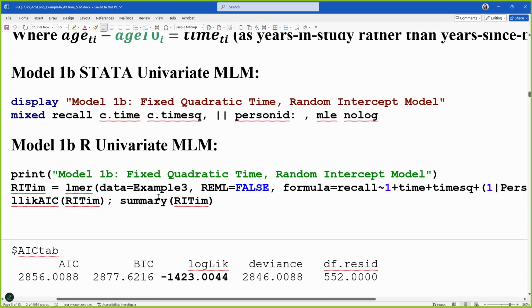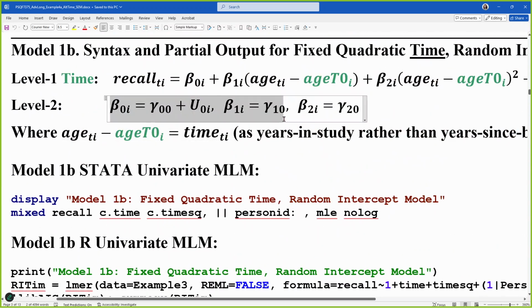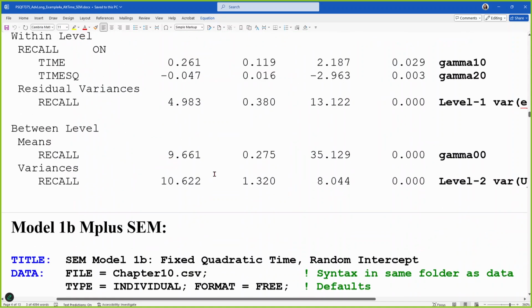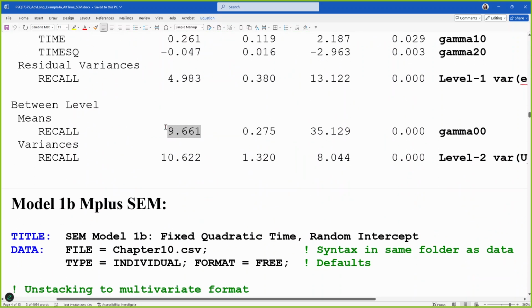Let me scroll back up to the formula. So here's my between model. I have 3 fixed effects and only 1 random effect. Does that help? Yep. So note where the intercept is. It's right here. The intercept shows up in the between model because it has a random intercept with it. So everything moves to the between model when you start making things random.